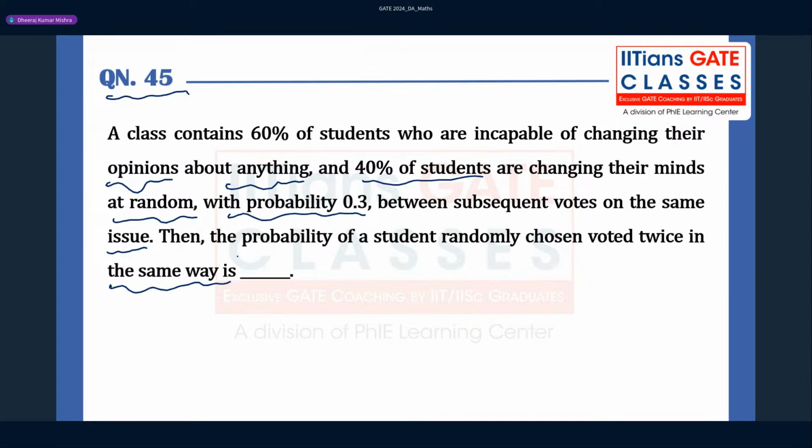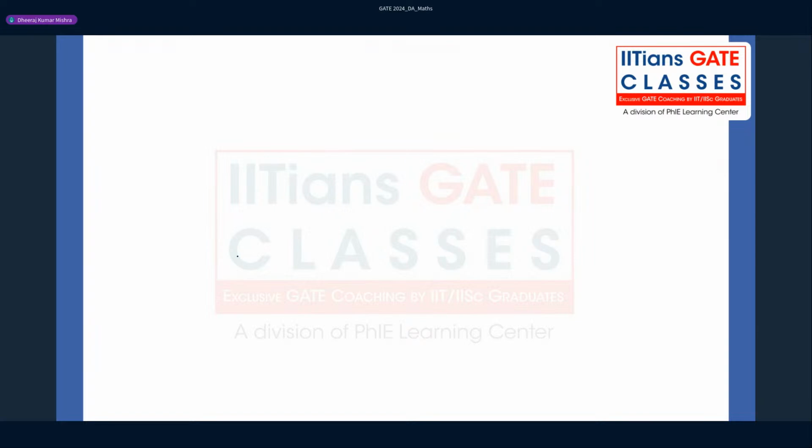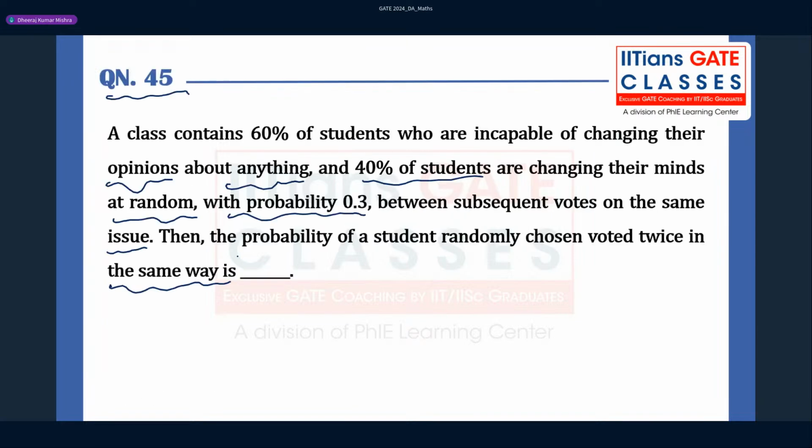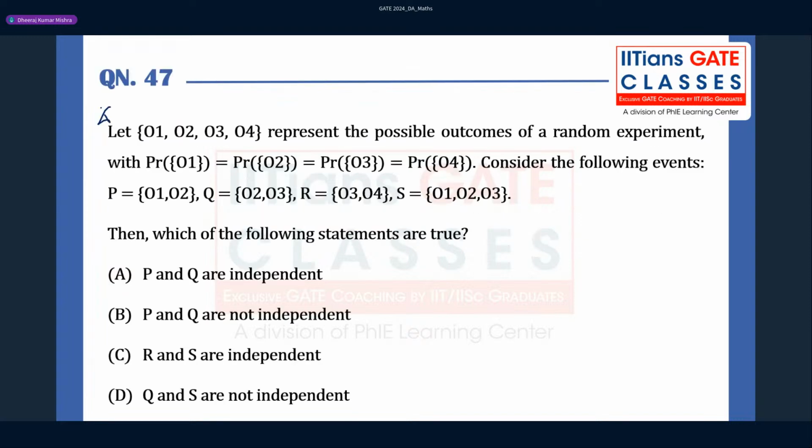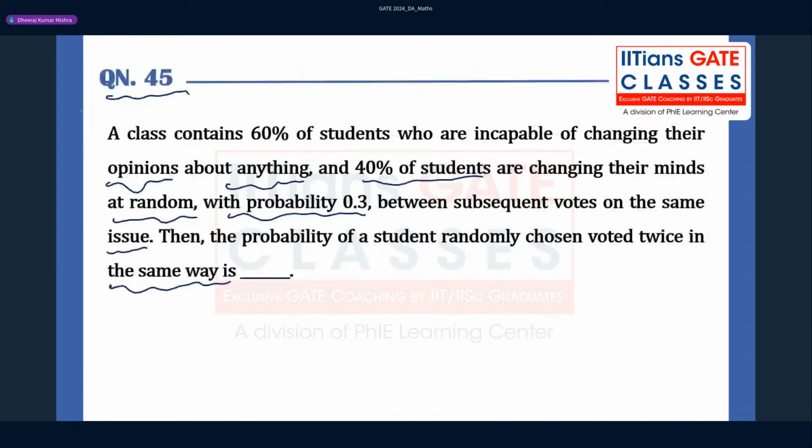Can we solve this question, guys? Quickly tell me. This is from very basic probability. There is one more question also. If you want to solve this question first, then we can solve, otherwise we can also go to the other question. This question is simple, direct. We will solve that.